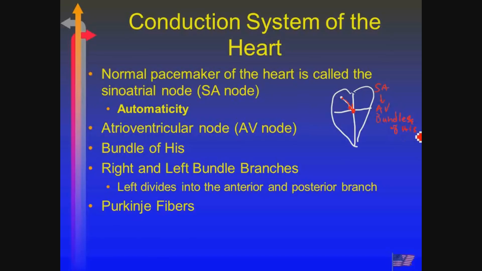It's His, not his, because we'd have to have a bundle of hers. Then it goes down two bundles, one feeding the right side, one feeding the left. These are your bundle branches, and ultimately it leads into individual fibers innervating the muscle called Purkinje fibers.